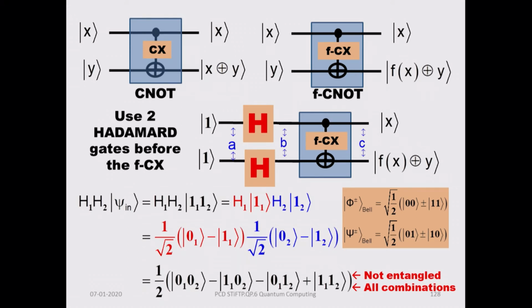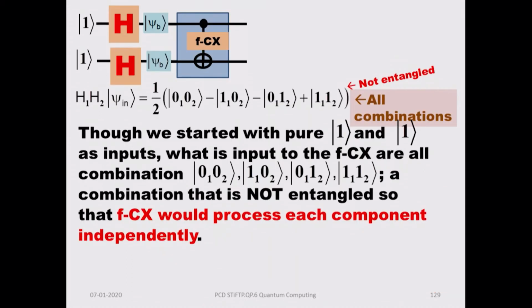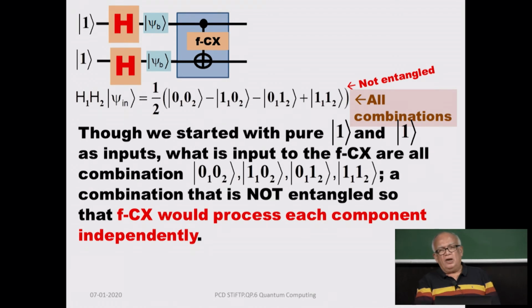This is of great value, because now the two Hadamards generate a state which has all four possibilities, and all of these four possibilities can be addressed at once in one step by the FCX gate. It does not have to look at them separately, which a classical gate would have required.